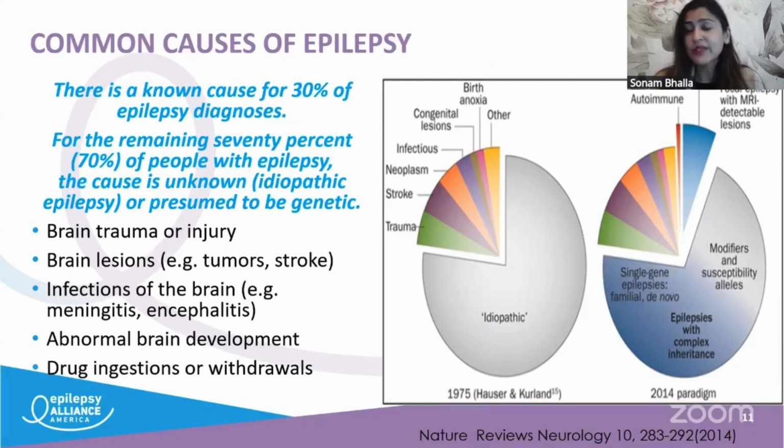Still, I would say a third of them, up to 30% of them, we may not have a clear cause, even despite advanced genetic testing. But this is something that I think is continuing to get better. Now we do genome testing, we may be able to find answers even for those 30% where we don't have answers as to why they have epilepsy in the next few years.